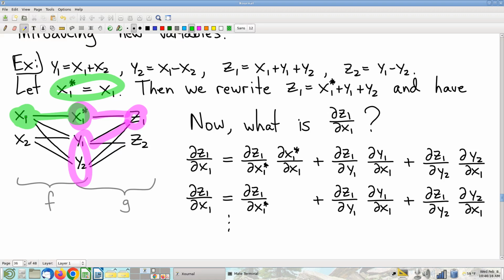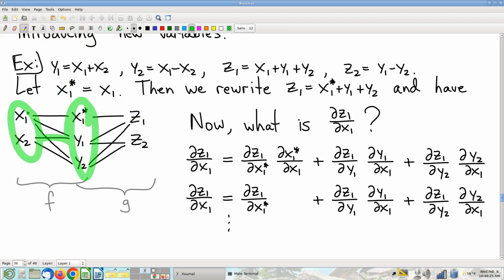But by introducing that as a distinct variable, now I've got a satisfactory diagram. And all of these are functions of those. No problem. And all of these are functions of those. In particular, z1 is a function of these three variables. No confusion of variables, because x1 star is an output from the original function, as it should be.